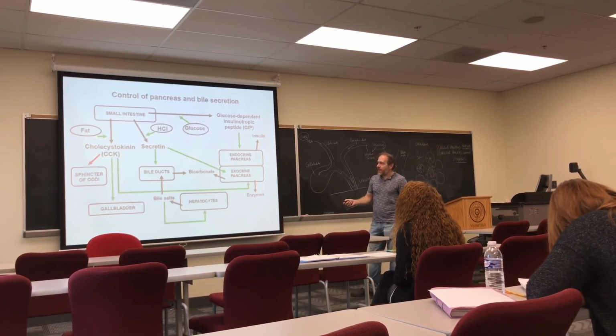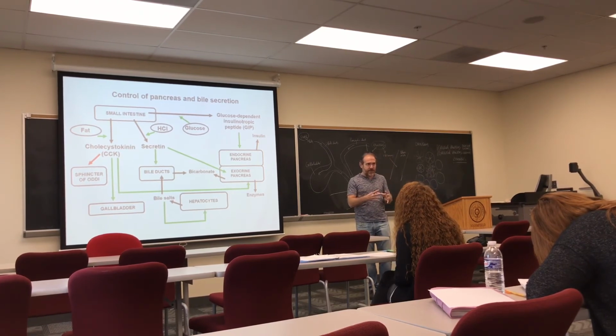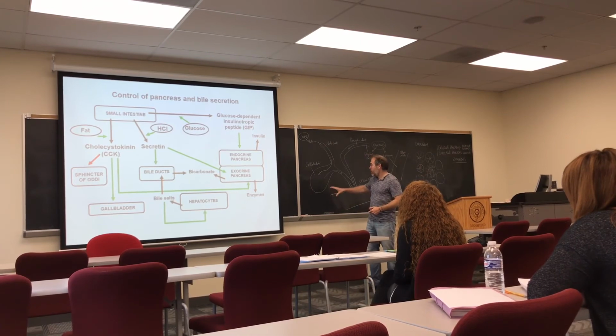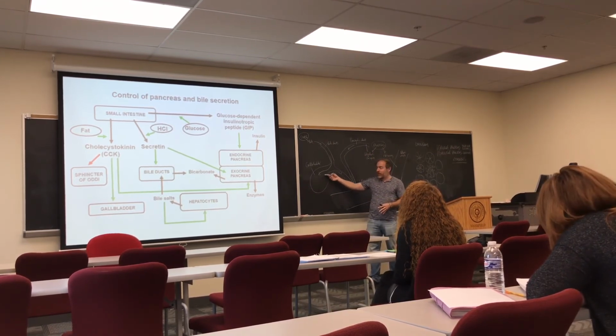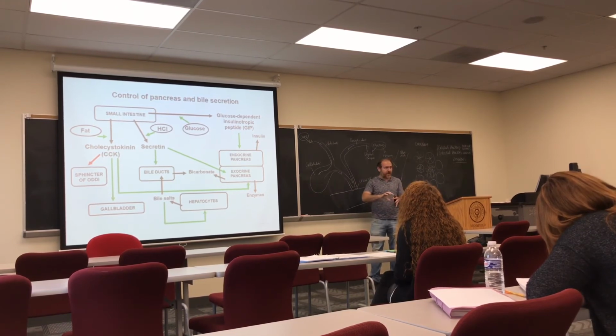Right? Cholecystokinin, what it does is to stimulate the contractions of the smooth muscles of the gallbladder. When you contract the smooth muscle of the gallbladder, you push the contents of the gallbladder away, right?